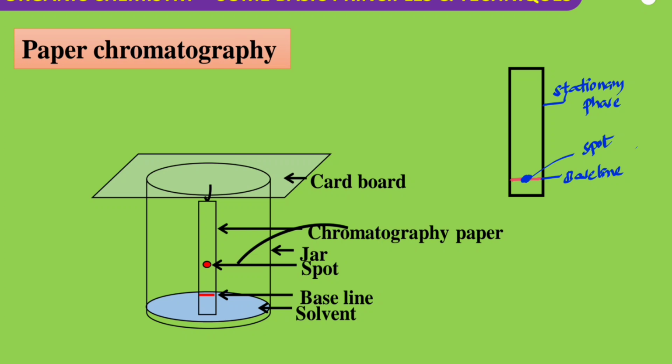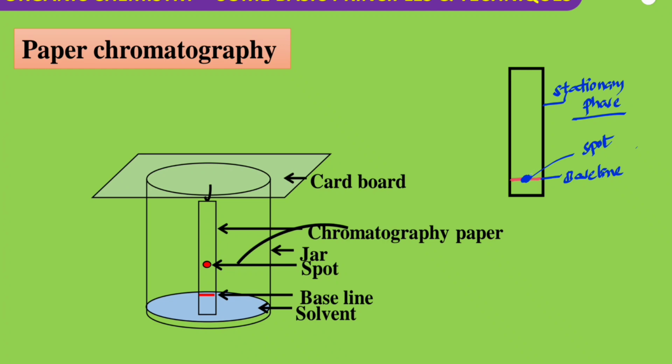Have a look at the diagram. The chromatography paper contains water trapped in it, which acts as the stationary phase. A strip of chromatography paper spotted at the base with the solution of the mixture is suspended in a suitable solvent or mixture of solvents that can act as the mobile phase.